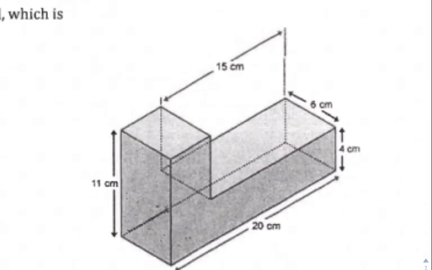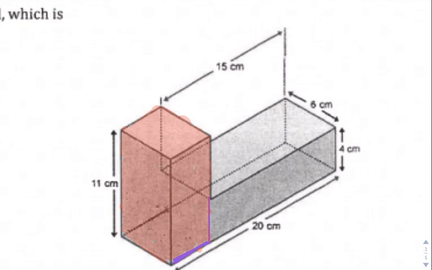So here I have two rectangular prisms. I'm going to cut it this way. We're going to focus on this object first. I have to figure out length times width times height because it is a rectangular prism.